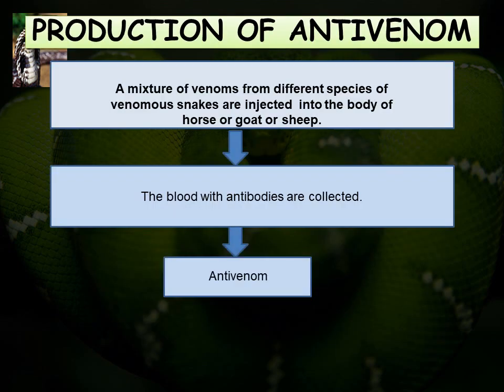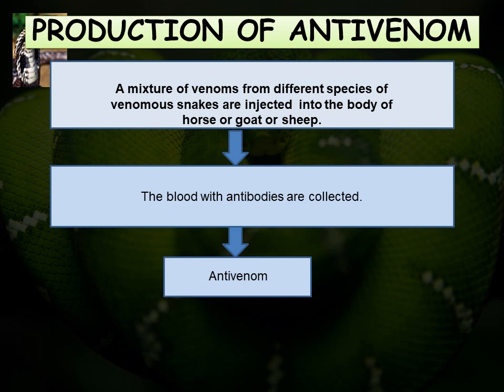Now this is what I wanted to tell you, how this anti-snake venom is produced, because some questions that may come up in your mind will have an answer if we remember how these antivenoms are created.